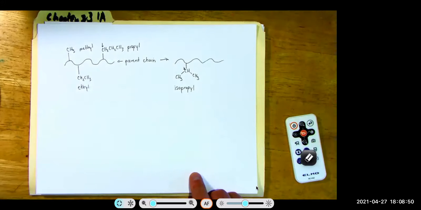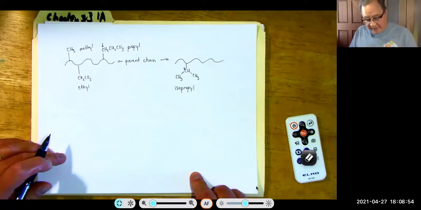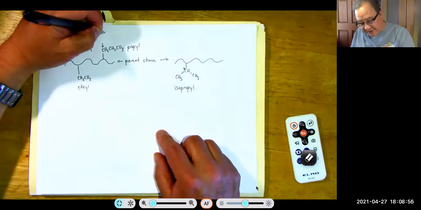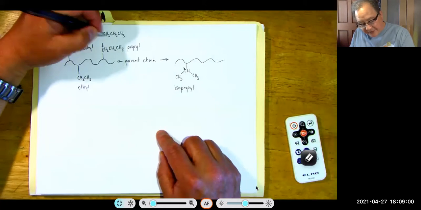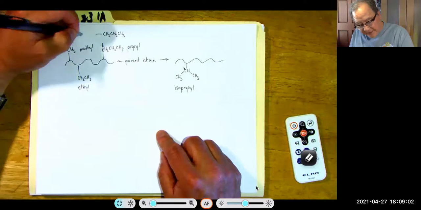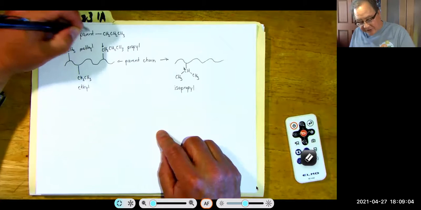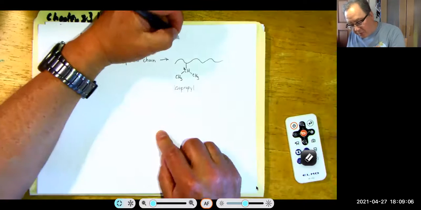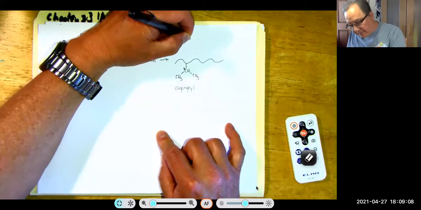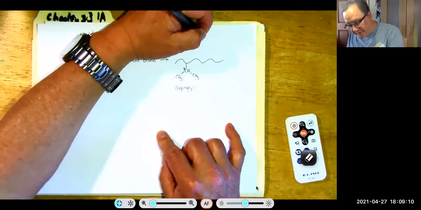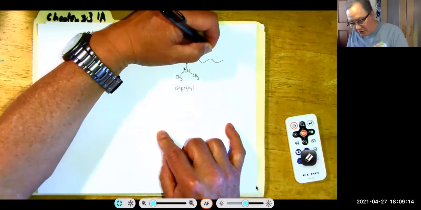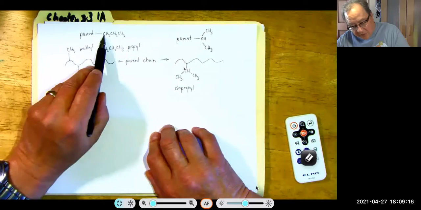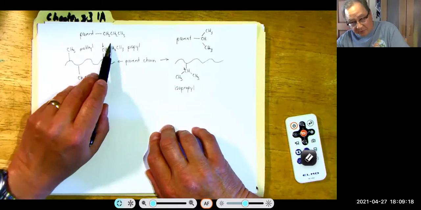Okay, so the terminal, oh yeah, because the terminal is the propyl. Yeah, so here the propyl is this. And it's attached to the parent like this. And that's on the end. Mm-hmm. The isopropyl is like this. So can you see how they're both 3 carbon units, propyl and isopropyl?